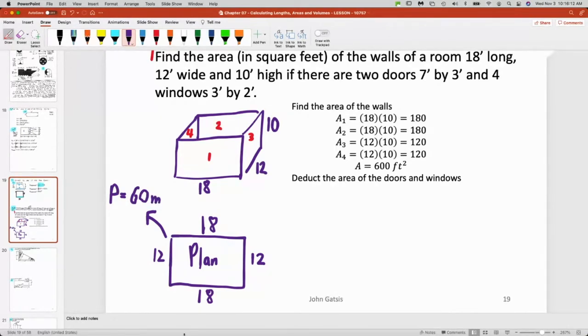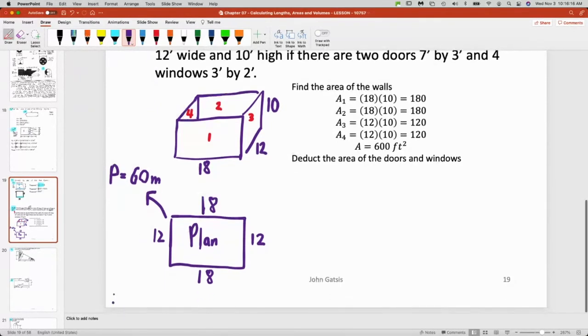Whenever you want to find the area of the walls of a room, the area of the walls is the perimeter. Thank you. Thanks, Nicholas. The area of the walls of a room is the perimeter times the height. So I'm going to go back here and just mention that.